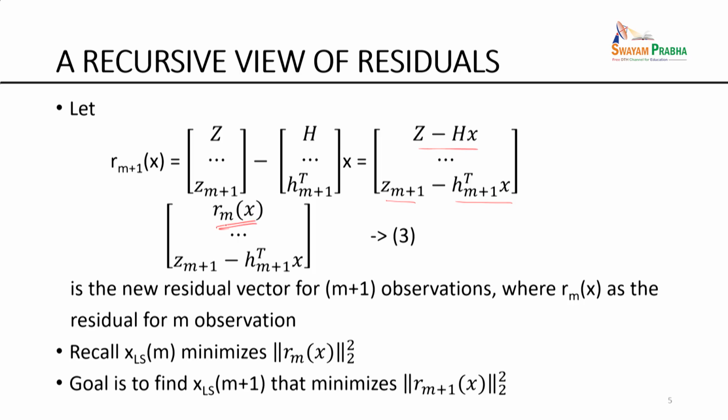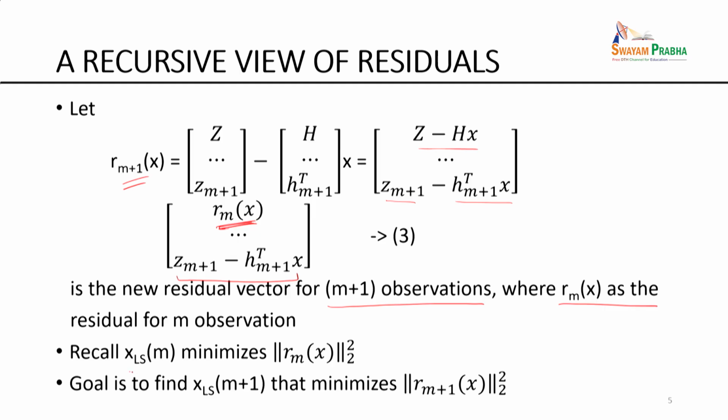That is the residual from m observations. So the residual from m plus 1 observations is a vector whose first m components are R_m, and the new component, the m plus 1 component, is given by z_{m+1} minus the inner product of the m plus 1th row with x. So this is the new residual vector for m plus 1 observations. R_m of x is the residual for the old observations, or the batch mode using m observations.